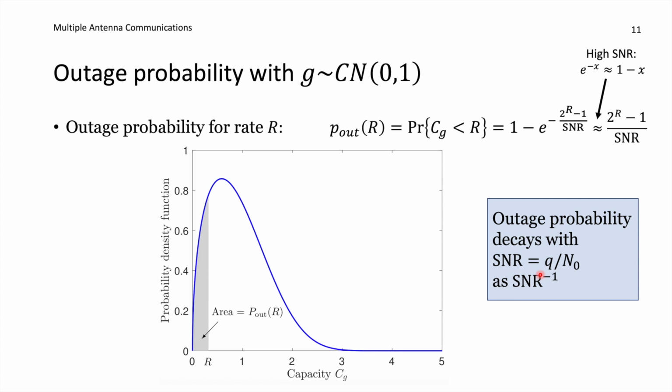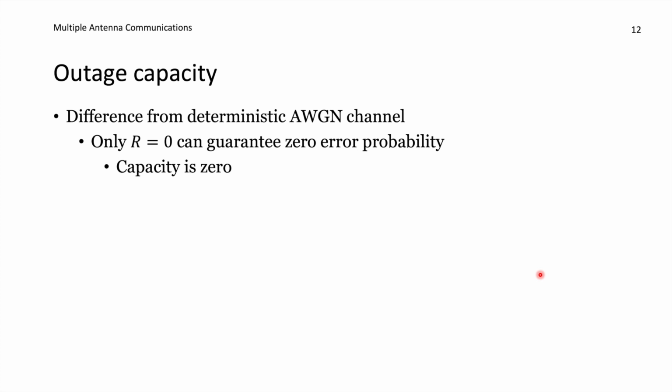And we should remember this behavior because we can utilize multiple antennas in order to change this scaling behavior. But before doing that, we will define something called the outage capacity. So what is the main difference from the capacity of a deterministic additive white Gaussian noise channel that we have considered earlier when the channel was non-fading or we had a line of sight channel?